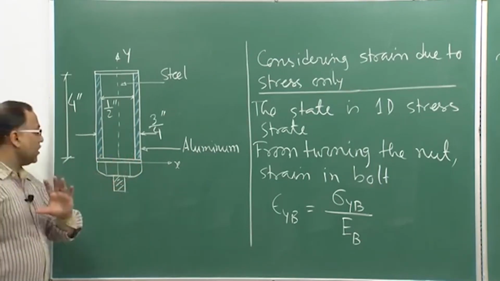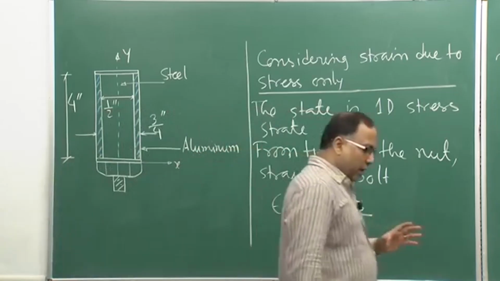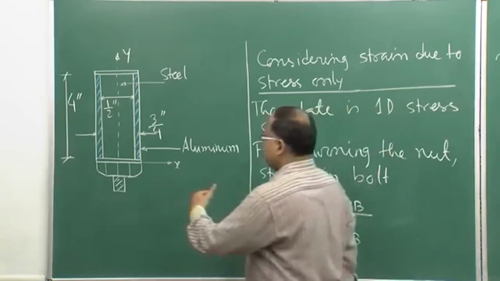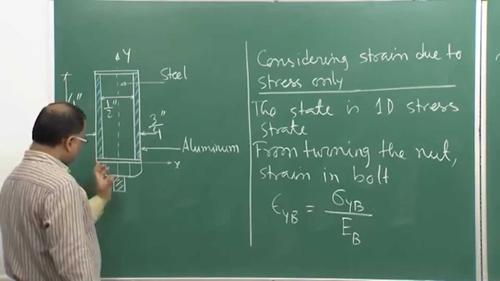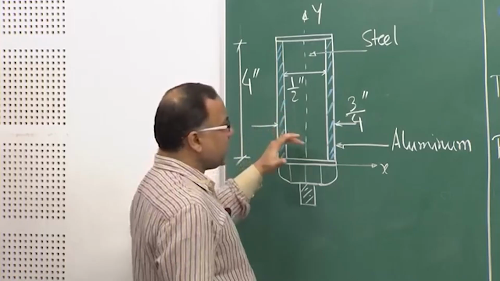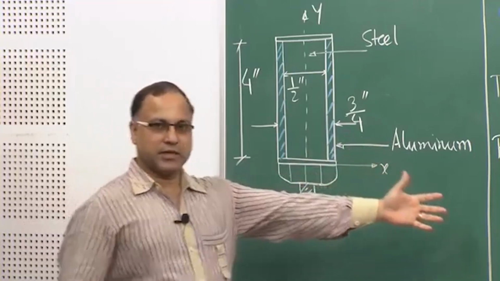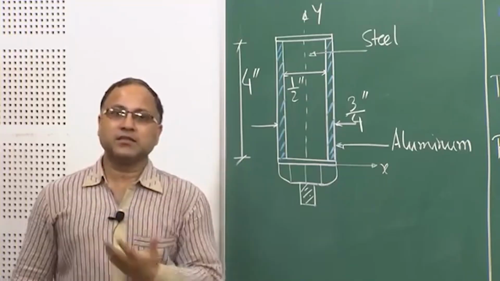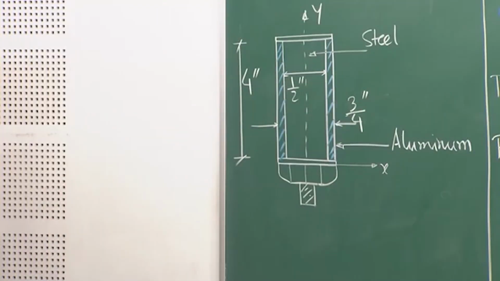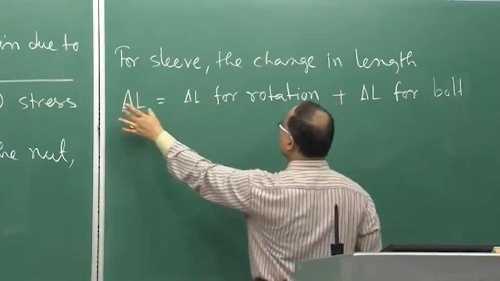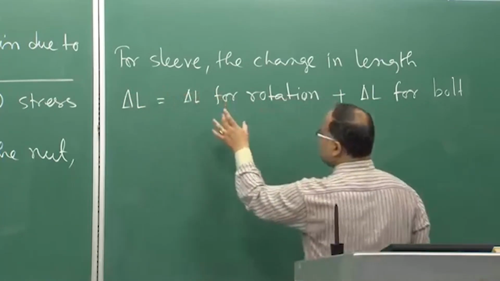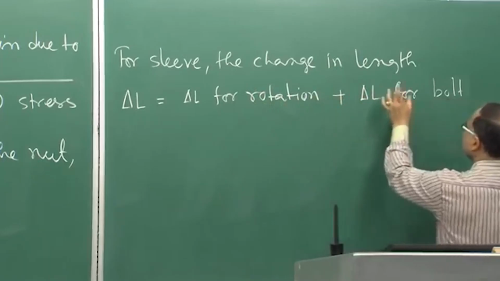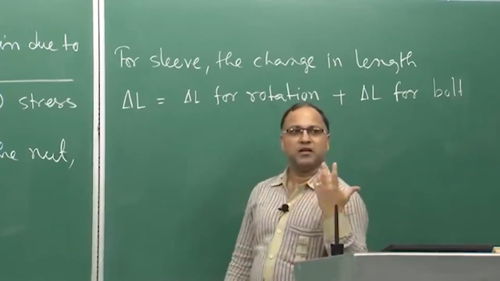That means we are not allowing any gap or discontinuity in the assembly. So, the turn of the nut will try to compress the sleeve and at the same time the bolt will get extended due to this rotation, and that extension will try to extend the sleeve also. Therefore, the total delta L, the change in length of the sleeve, will consist of the contribution from the rotation of the nut as well as the extension of the bolt.